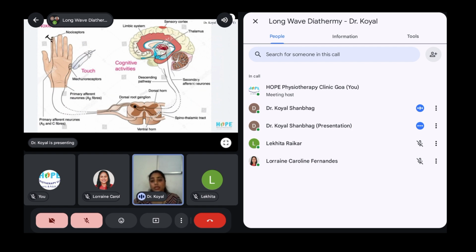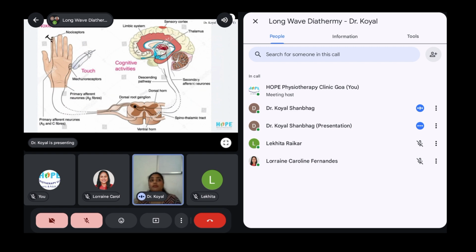Whenever there is any stimulus and we are trying to heal it, there is a competition that happens between the large nerve fibers and the small nerve fibers. Because they are large, they are well myelinated. The large nerve fibers are A beta fibers, and the small nerve fibers are A delta and C fibers. The large nerve fibers send the signals faster.